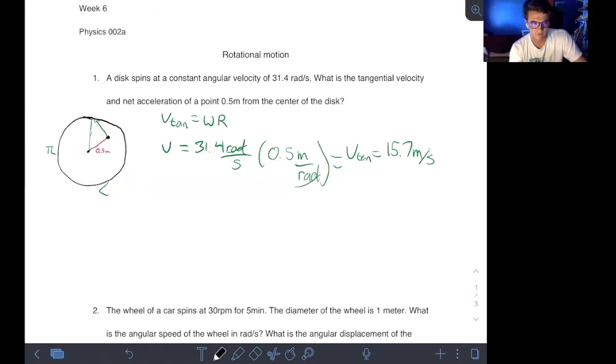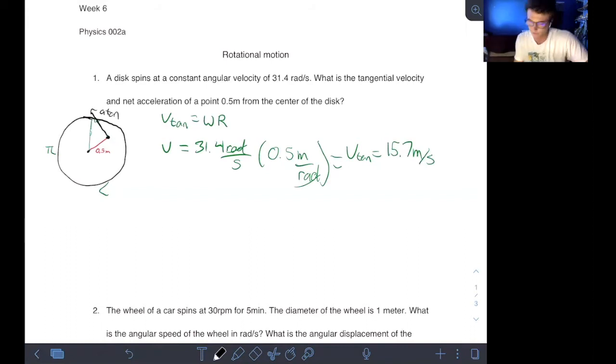Well, net acceleration is a combination of whatever accelerations are going on. We have two things: a tangential acceleration, and what's called the radial acceleration. The tangential acceleration is just like this, a tan.